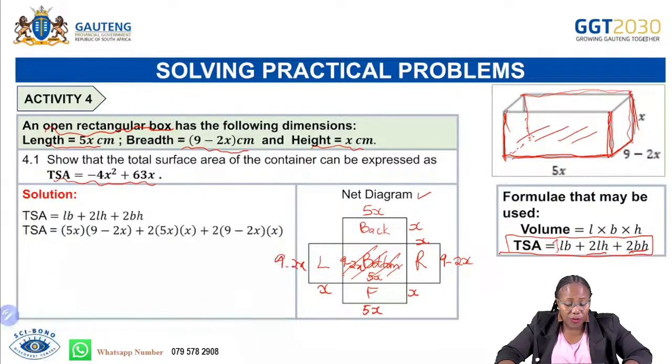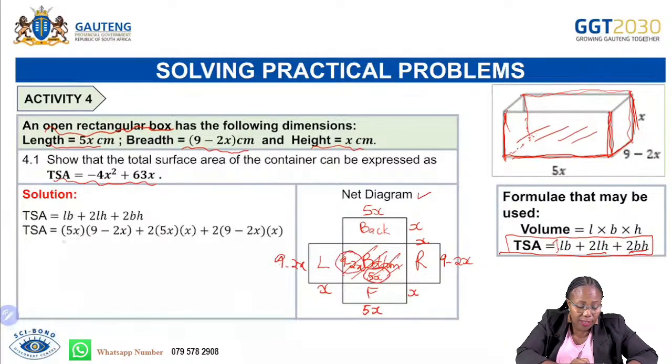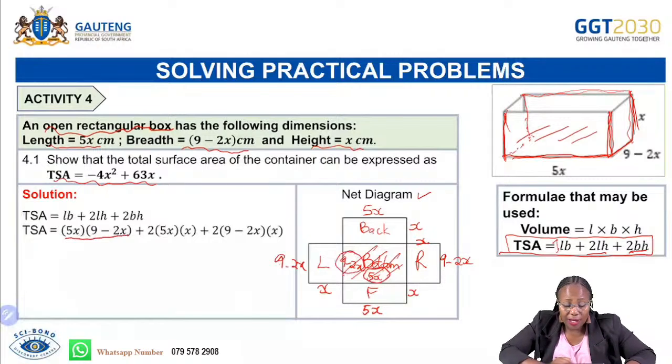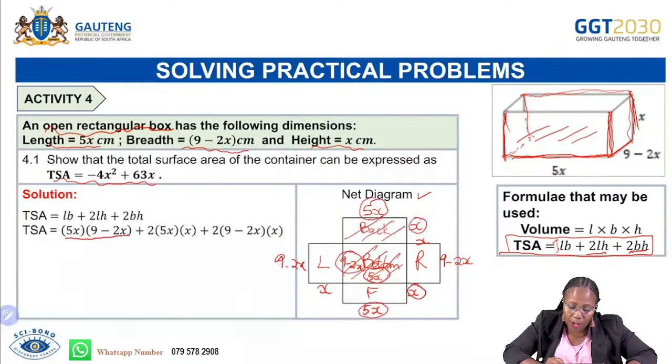We are now substituting. For the bottom part, we have 5x multiplied by 9 minus 2x as indicated there. And then now we are having 2LH. That is 5x times x. How many do we have? 2 of them. 1, 2.